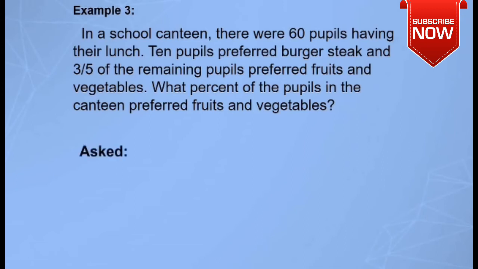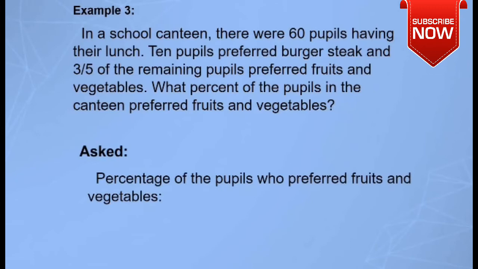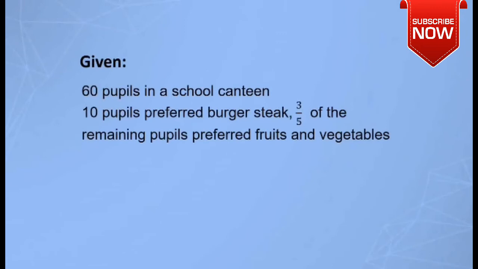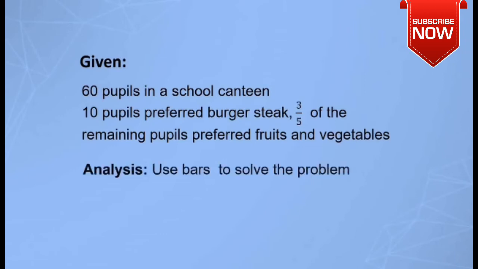What is asked in the problem? Percentage of the pupils who preferred fruits and vegetables. What are the given data? 60 pupils in a school canteen, 10 pupils preferred burger steak, 3/5 of the remaining pupils preferred fruits and vegetables.